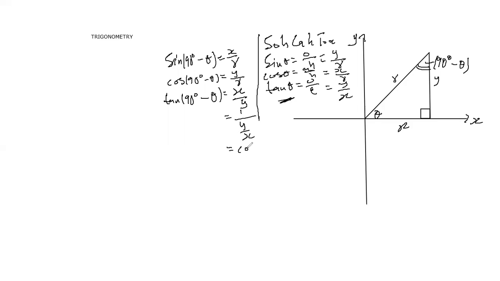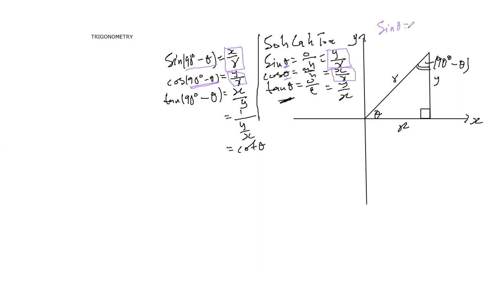And you know this is actually the cotangent of theta. But what I want to draw your attention to, which I hope you would have realized, is that sine 90 minus theta is actually cos theta, because cos theta is x over r, and that's what we got there. Cos 90 minus theta, which is y over r, is also the same as sine theta, which is y over r. So we can come up with a nice conclusion here.